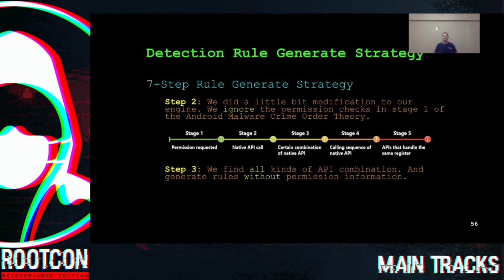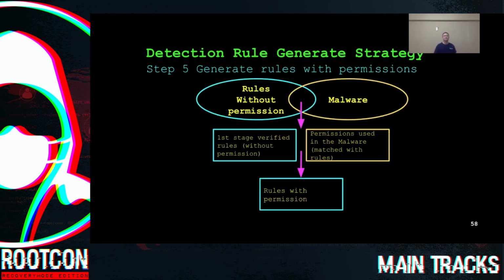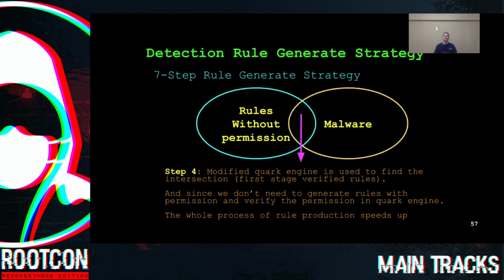We ignore the permission checks in stage 1 of the Android malware crime author theory. And in step 3, we find all kinds of API combination and generate rules without permission information. And in step 4, we use the modified Quark engine to find the intersection of the rules and the malwares.